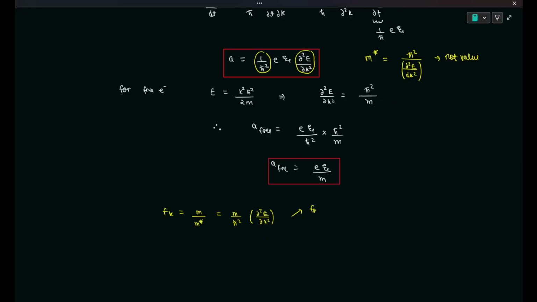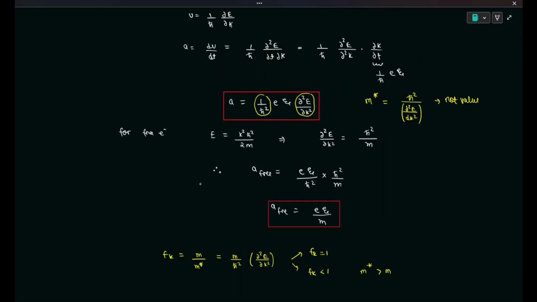If fk is equal to 1, the electron behaves totally as a free electron, and if fk is less than 1, then the effective mass is greater than the usual mass of electron m, and the electron behaves as a heavy particle inside the periodic potential.